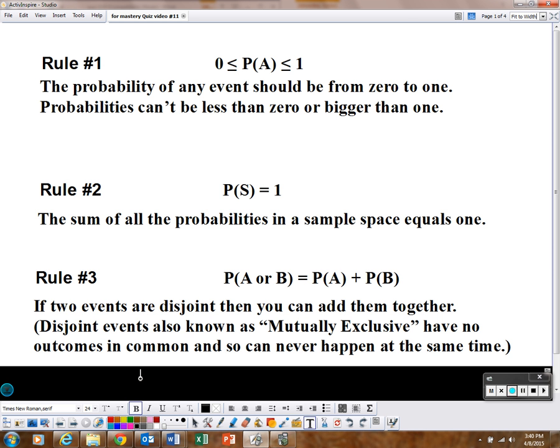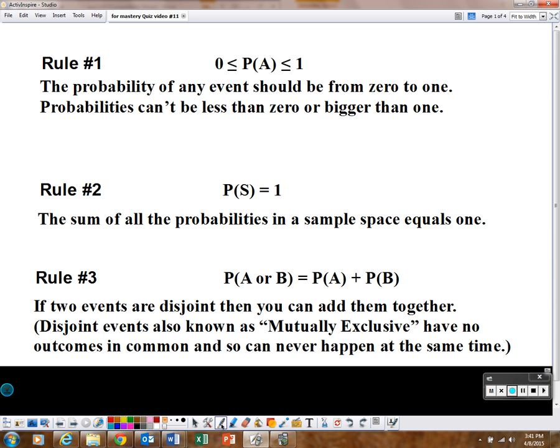If you have the probability of an event A or B, also written as the probability of A plus the probability of B. Now, there is another way that you could see this. This could also be written as P parentheses A with the upside down, looks like a big U, B. That also means OR. If two events are disjoint, then you can add them together.